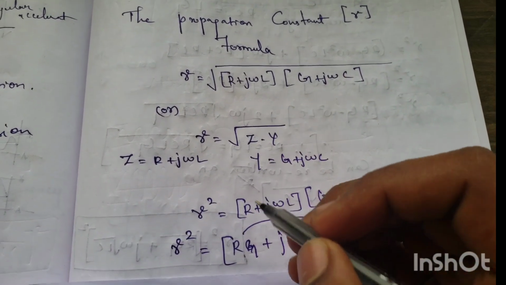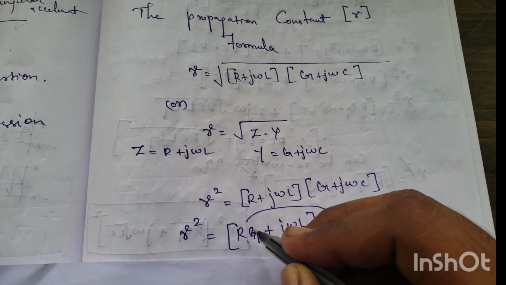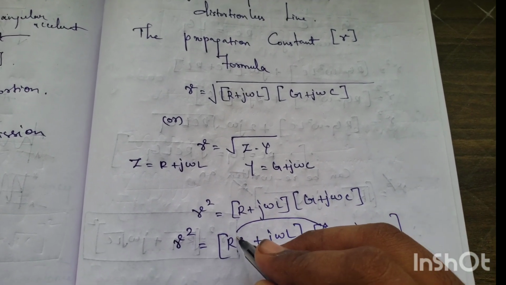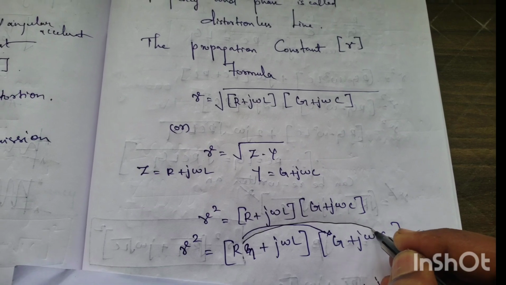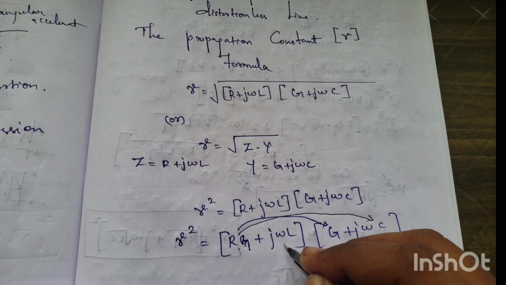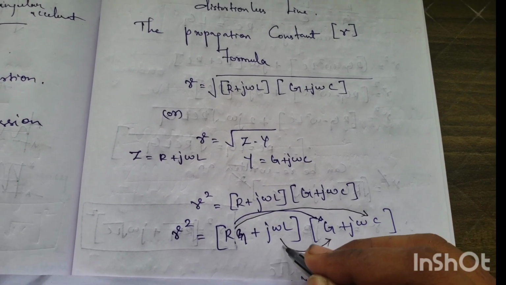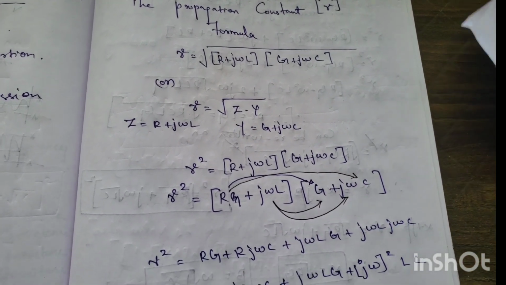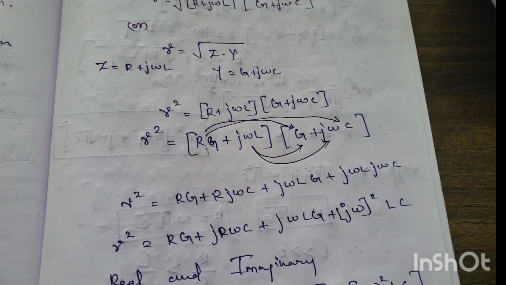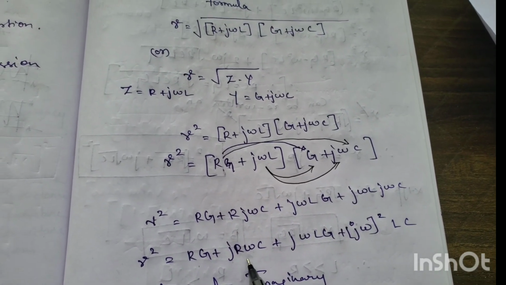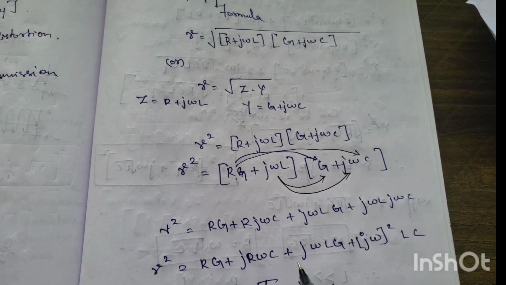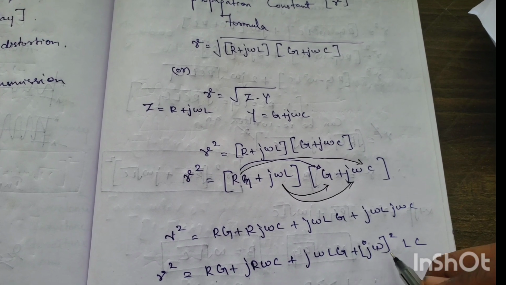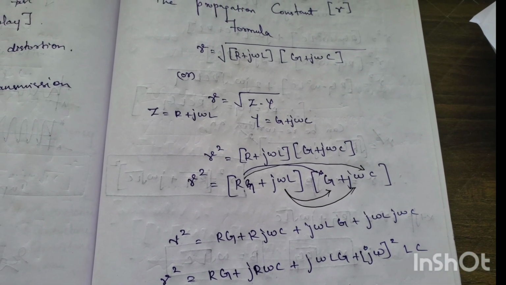Afterwards, we want to arrange it by multiplying r into this, and then multiplying out the rest. Then we will get gamma square equals rg plus j omega rc plus j omega lg plus (j omega) whole square lc.